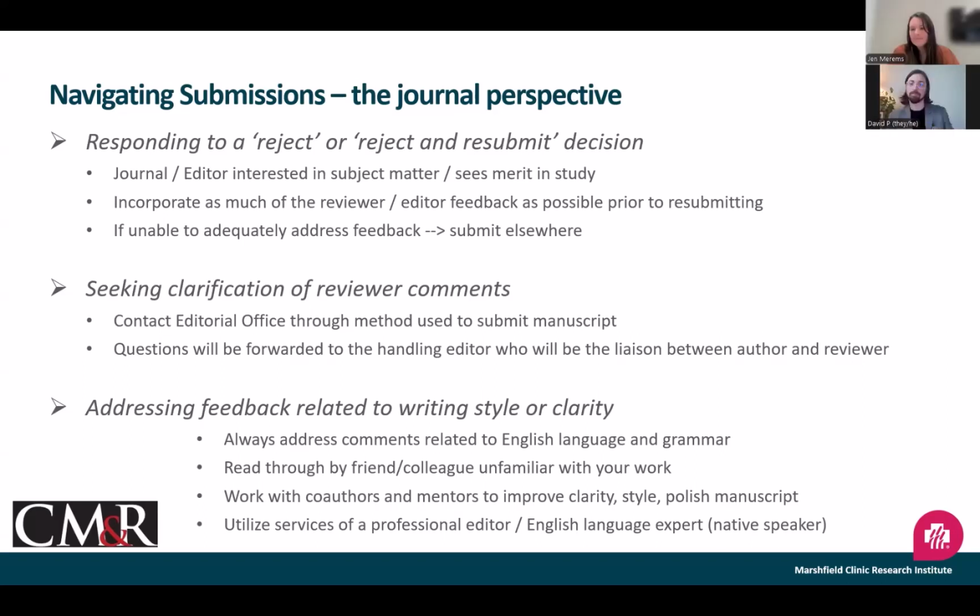Most of the questions will be handled through the central editorial office. And so I think a lot of those will go to the staff who are working full-time for the journal. But if it is something more specific to the science or to a reviewer comment, then they'll escalate that to the handling editor.